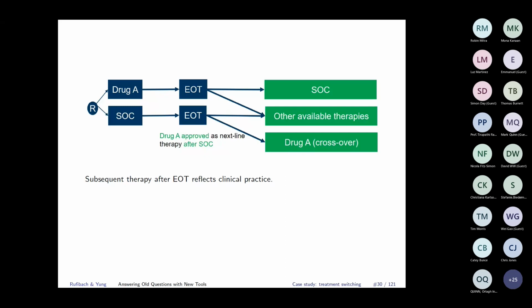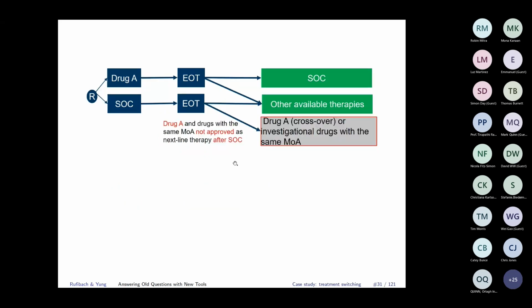And that's what we ultimately are interested in. Although you're not estimating the true biological drug effect of this initial randomization anymore, you estimate an effect that you can expect in clinical practice.